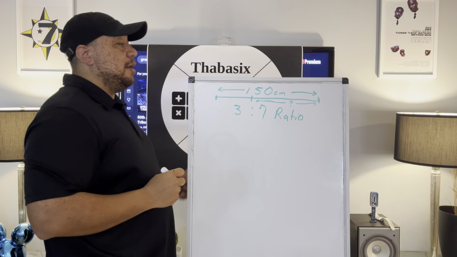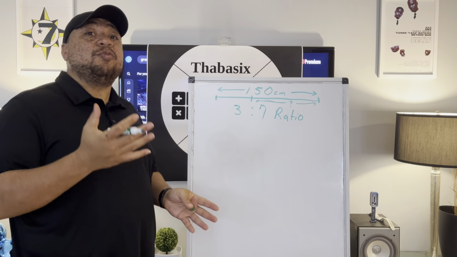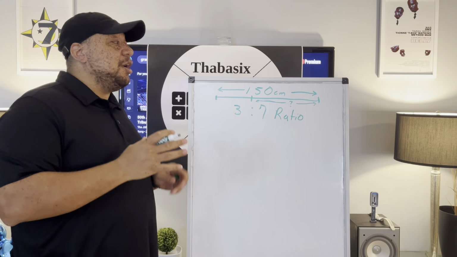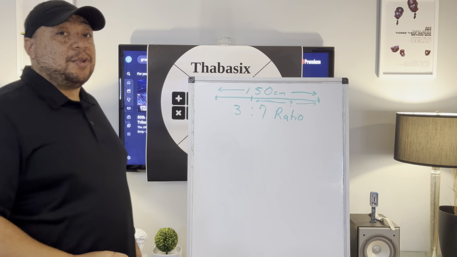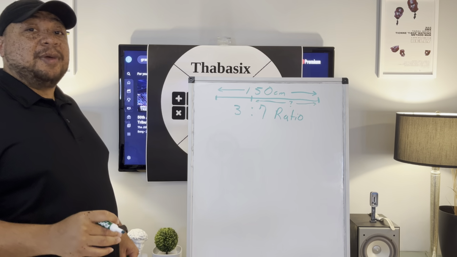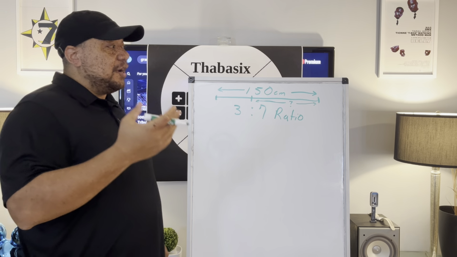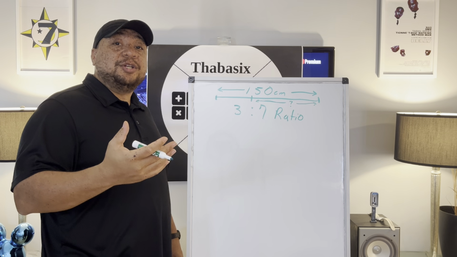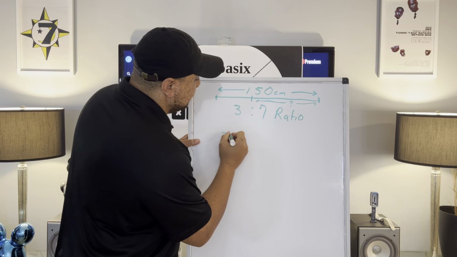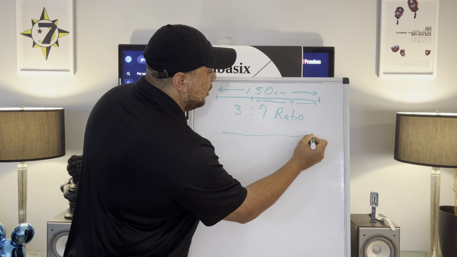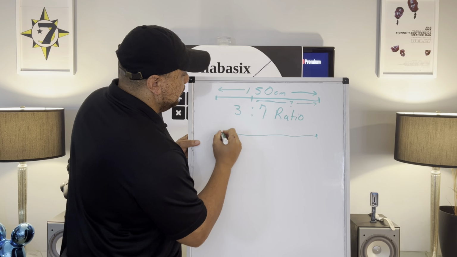Now, in order to think about what a ratio really is, it's a comparison between the two numbers in the ratio. So I'm going to go back to go forward. If I cut this at a 1-to-1 ratio, excuse the line, I know it's not straight, but I just want to prove a point.